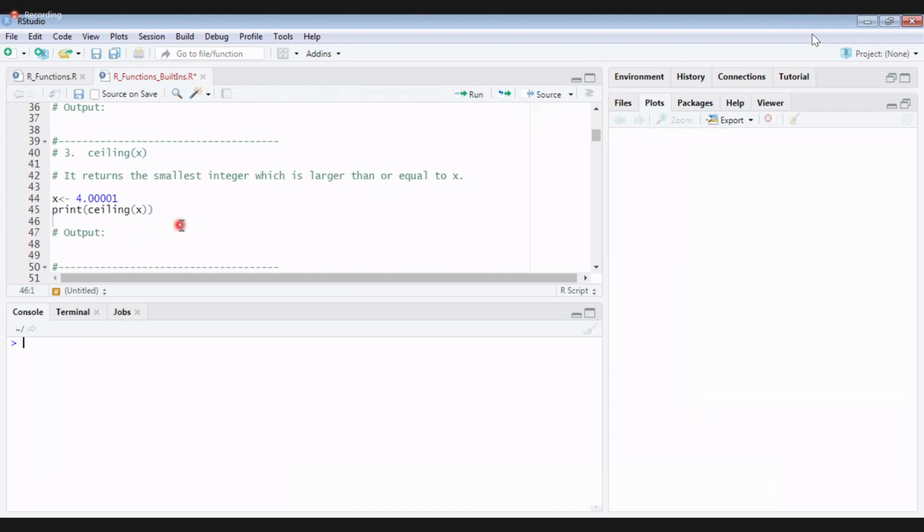The reverse of this is floor. The floor returns the largest integer which is smaller than or equal to the given x. So even if it is 2.999, it returns us 2. This is our floor.